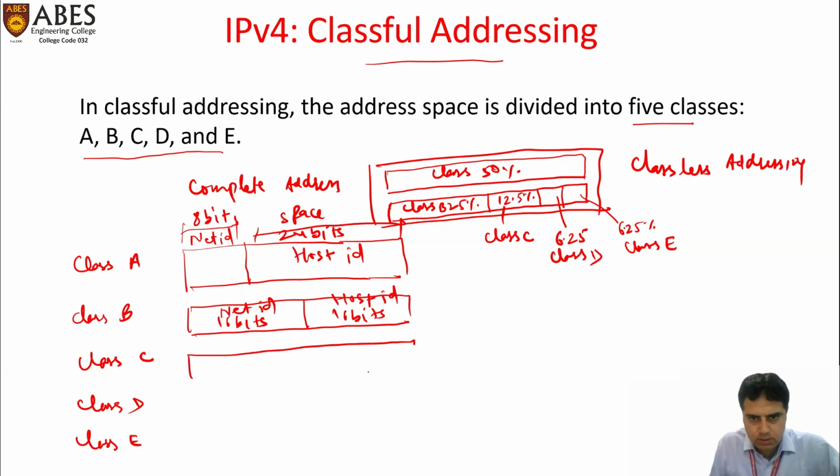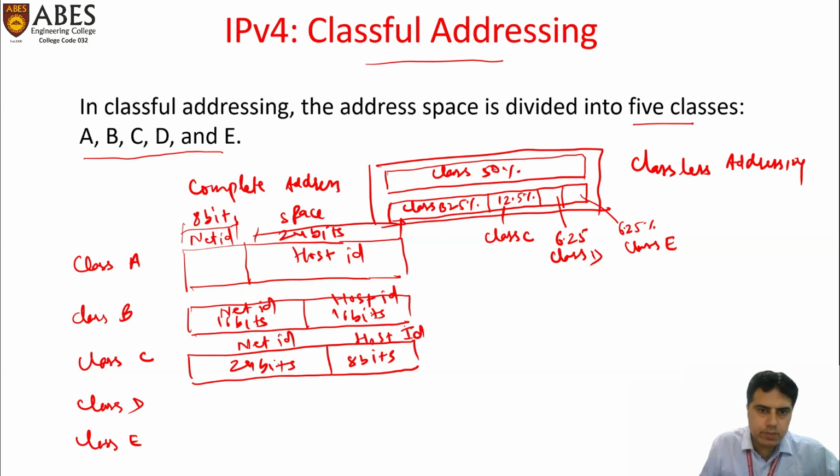In class C, 24 bits are used for network ID and 8 bits are used for host ID. Network ID means these bits are used to represent the network.